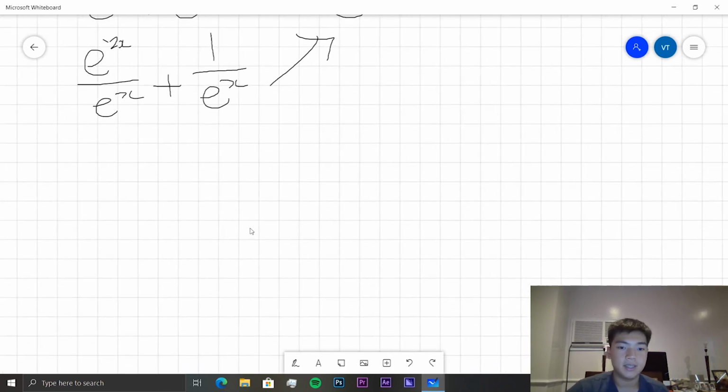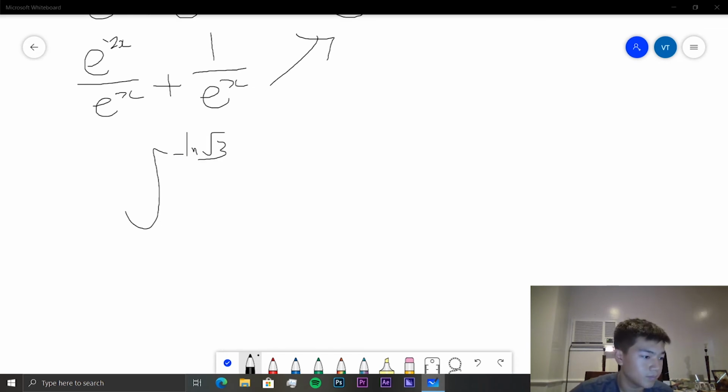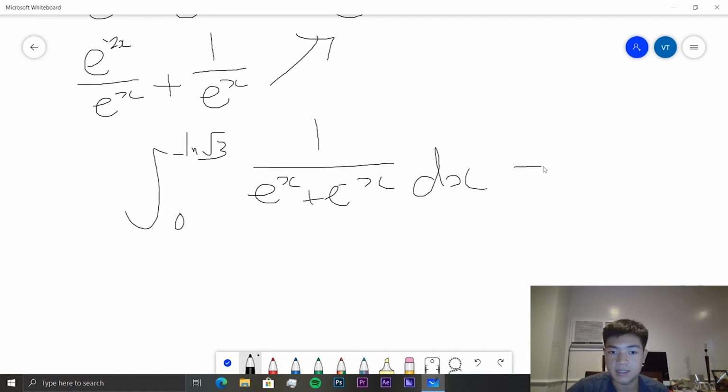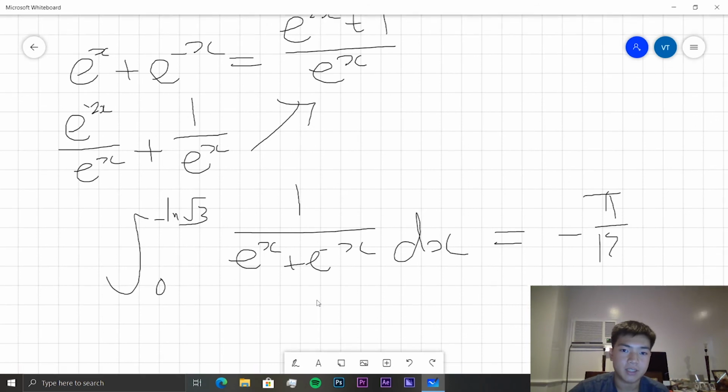So we need to then solve this: the integral from negative ln root 3 to 0 of 1 over e to the x plus e to the negative x dx is equal to negative pi over 12. So we need to prove this. We know that this is equal to e to the x over e to the 2x plus 1.